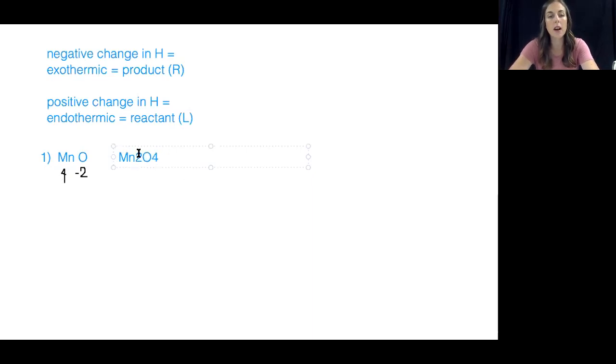But this is not the minimum that I can go, because 2 and 4 can be divided by each other. So really, the lowest I can go is MnO2 if I divide each of my subscripts by 2. MnO2. All right, so MnO2 is going to be my reactant because this is a decomposition reaction.